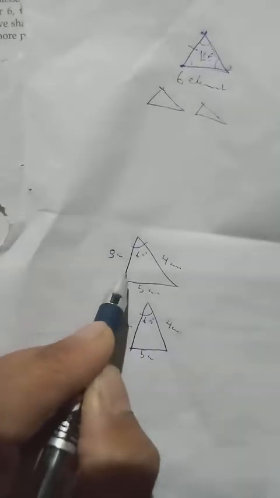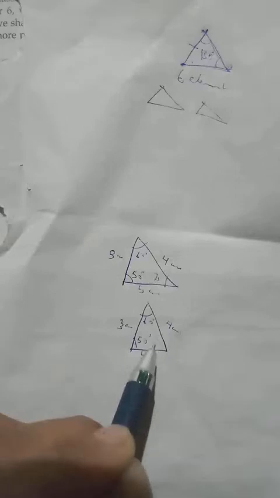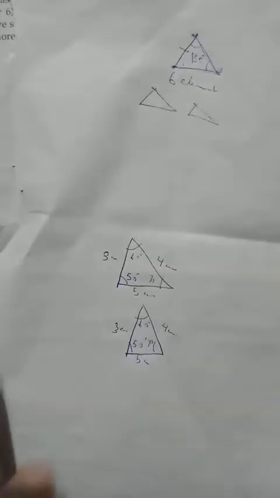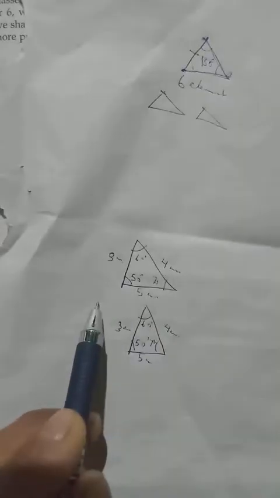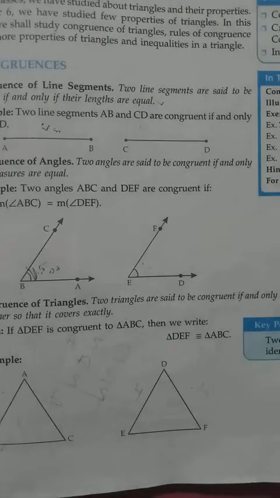This one is 50, here also 50. Here 70, there also 70. So if we put this one here, they will be exactly the same. Length equal, angle equal. In that case, we say they are congruent, and we use this symbol, equal with this one. That means all 3 sides and all 3 angles are equal.